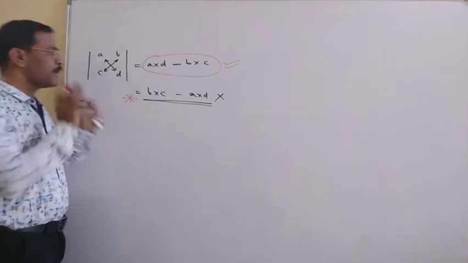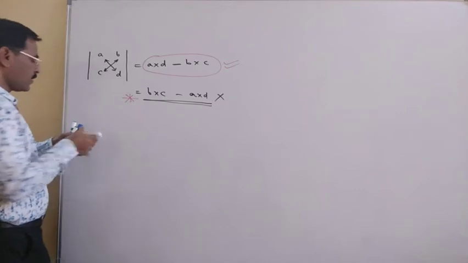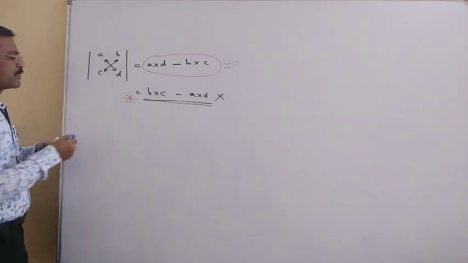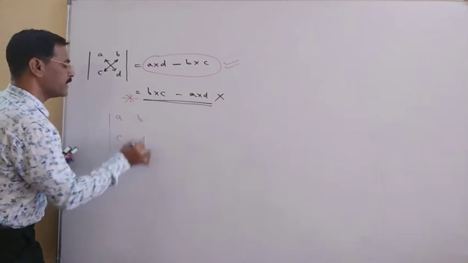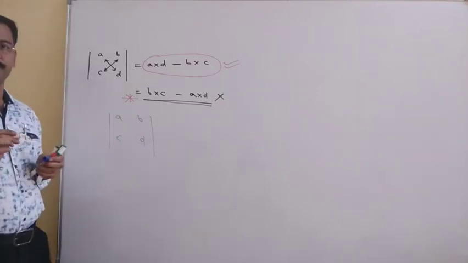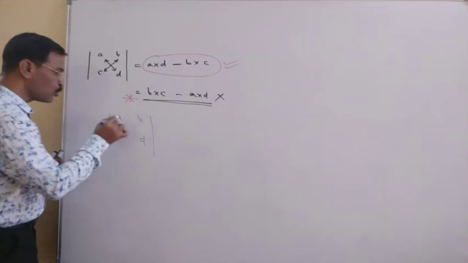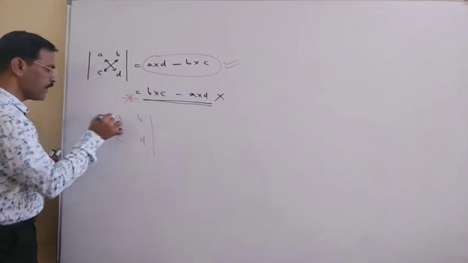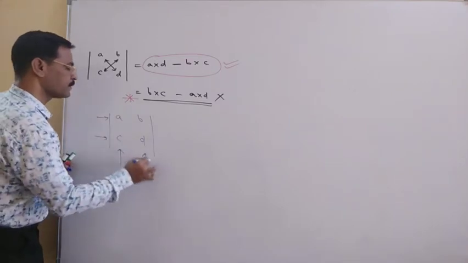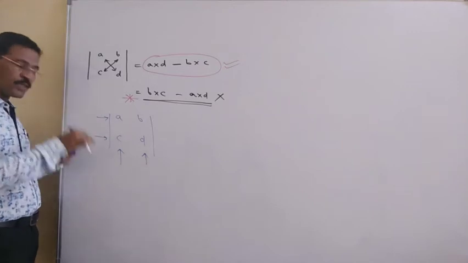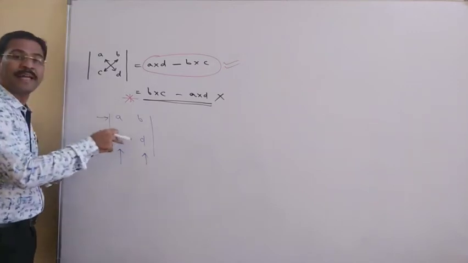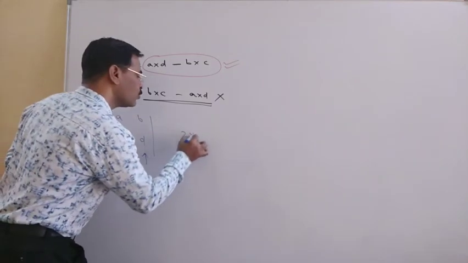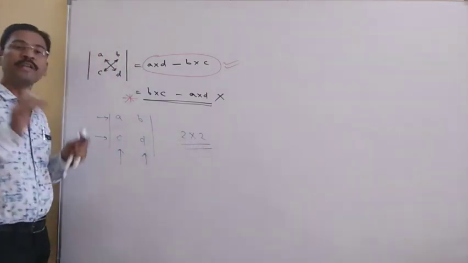Okay friends, now here is another very important point. Suppose here it is A, B, C, D. This is one determinant, and in it there are two rows and two columns. Because of that, this determinant is of 2 by 2 order, or degree.